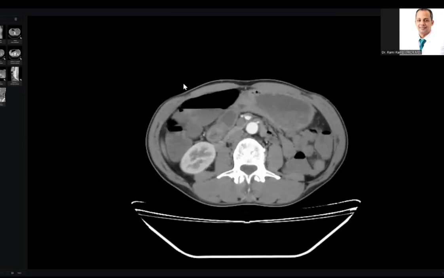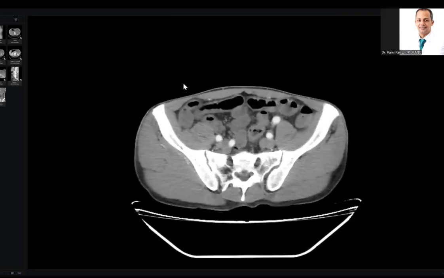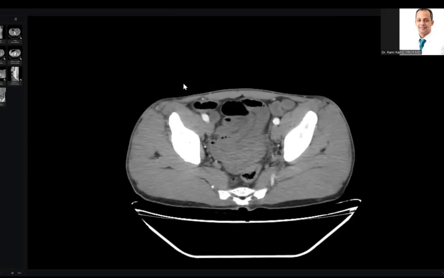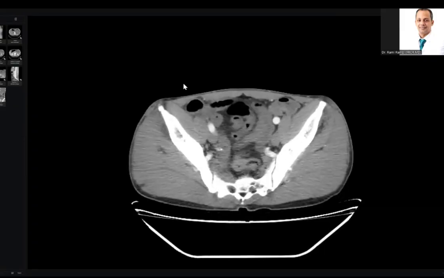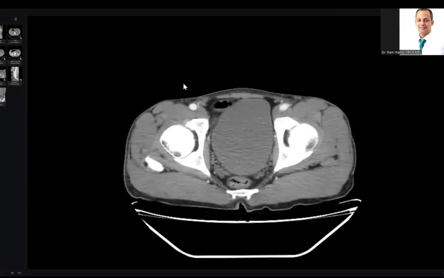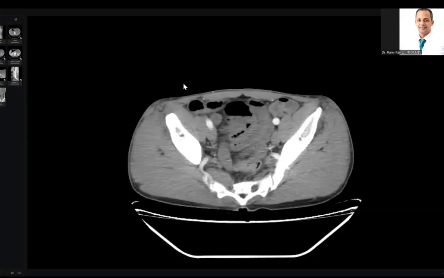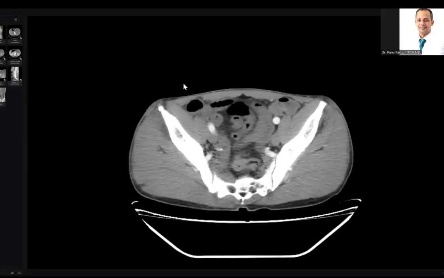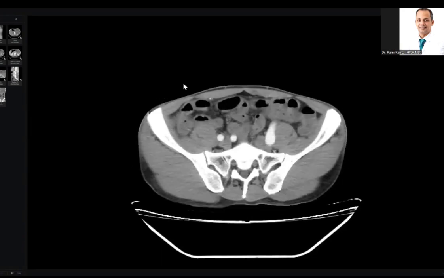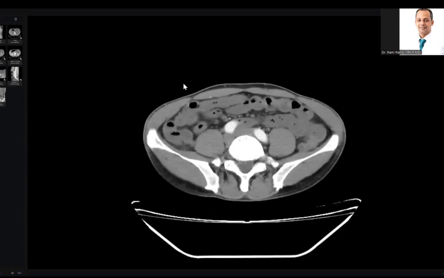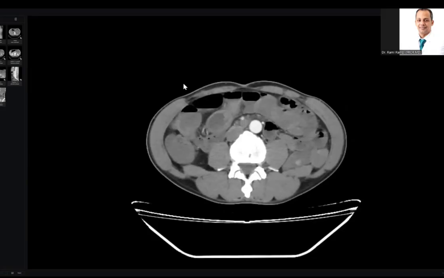Okay, so this is a CT axial cut for the same patient and I am scrolling. Should I request control, doctor, or will you scroll for me? I'm scrolling. So I'm scrolling from down the pelvis. I can't see any dilated bowel loops.